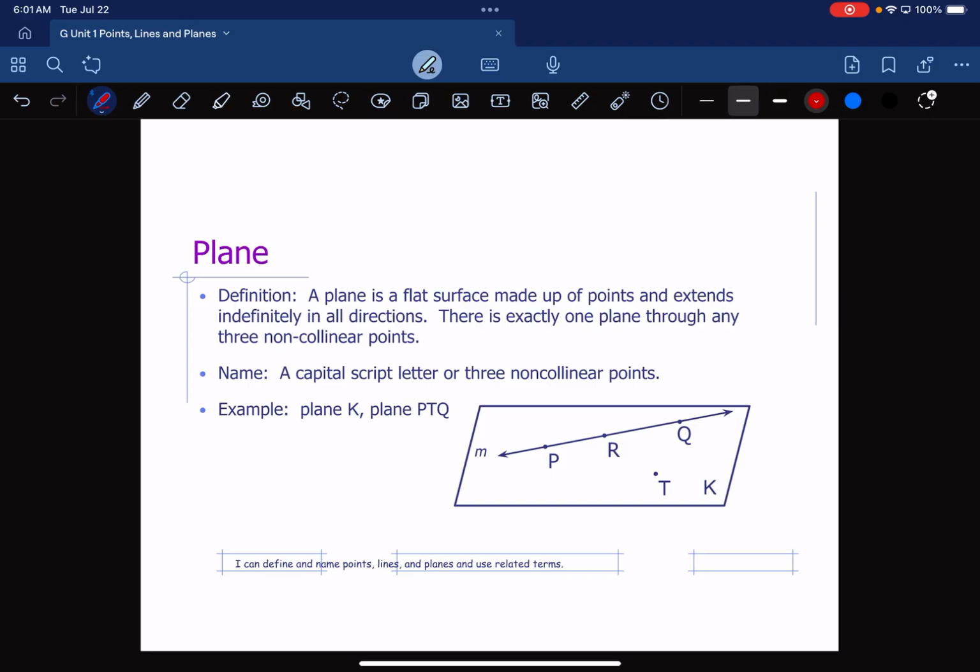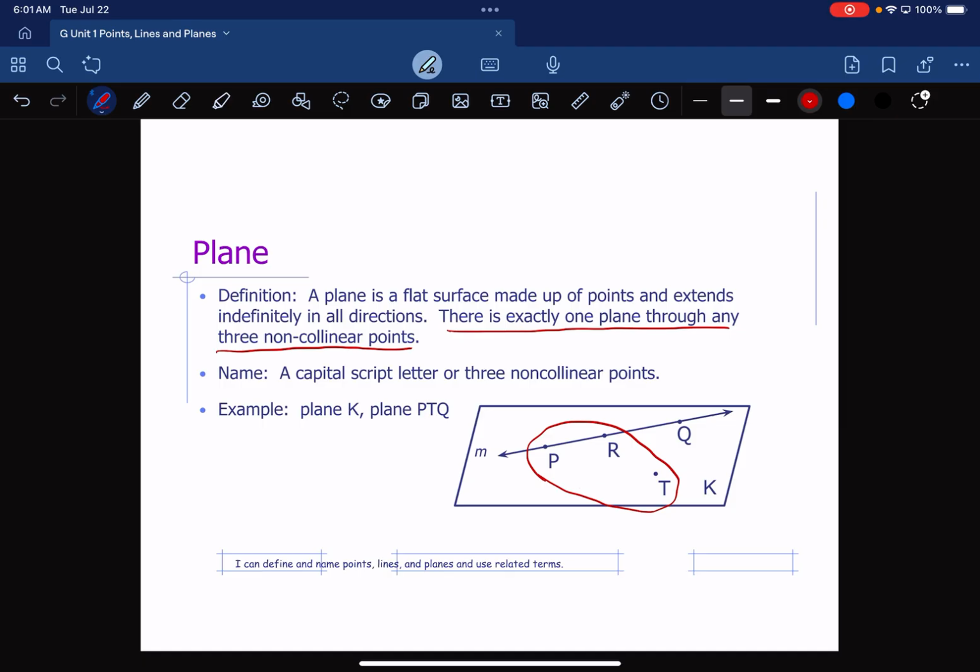You have to prop it up. Well, that's what this means right here. There's exactly one plane through any 3 non-collinear points. If you took a tripod and put all 3 legs in a straight line, it would fall over. But if you put them in a way such that one of them is not on the same line as the other 2, like P, R, and T down here, they are non-collinear.